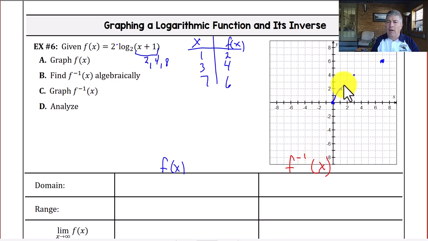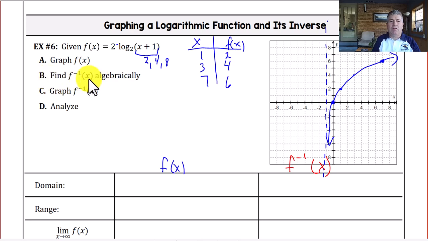So now I have my logarithmic function of that particular graph. Now, if we remember our transformations, we might know that this is a transformation of 1 unit to the left. So we will end up with a vertical asymptote on our logarithmic function, and that graph will look something like that.